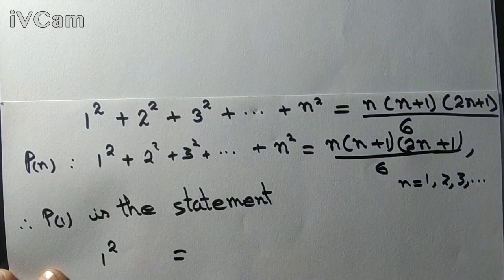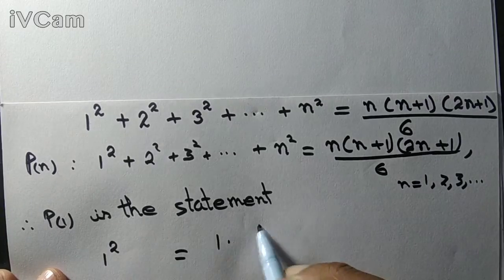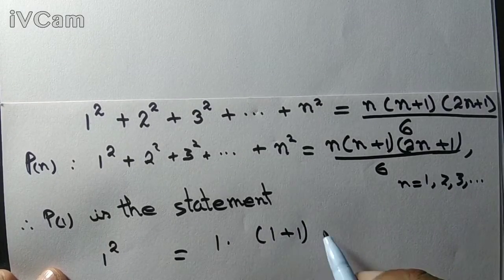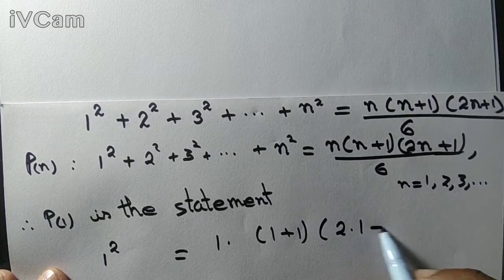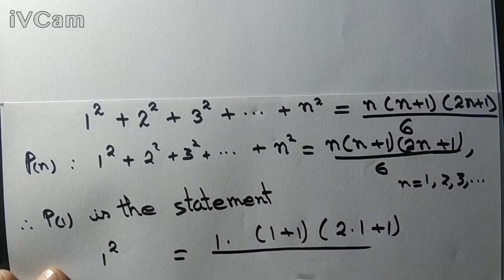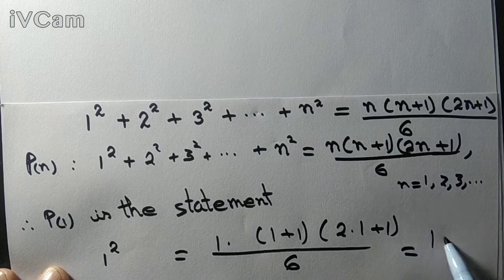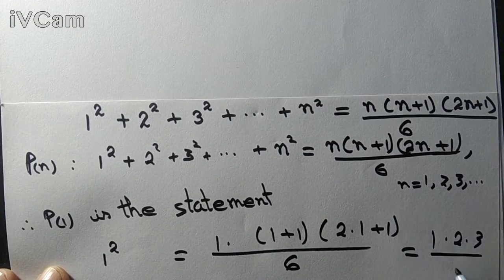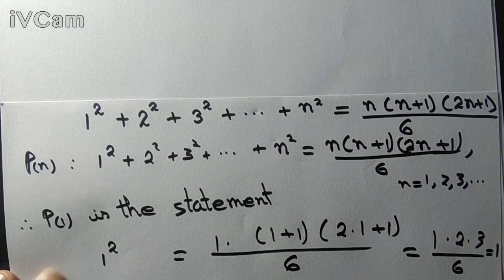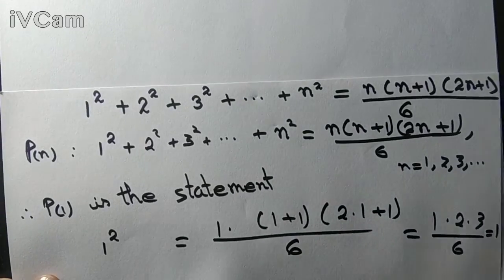On the right hand side we have 1 into 1 plus 1 whole thing into 2 into 1 plus 1 divided by 6. And that is equal to 1 into 2 into 3 by 6, and that is equal to 1. Therefore, P1 is true.